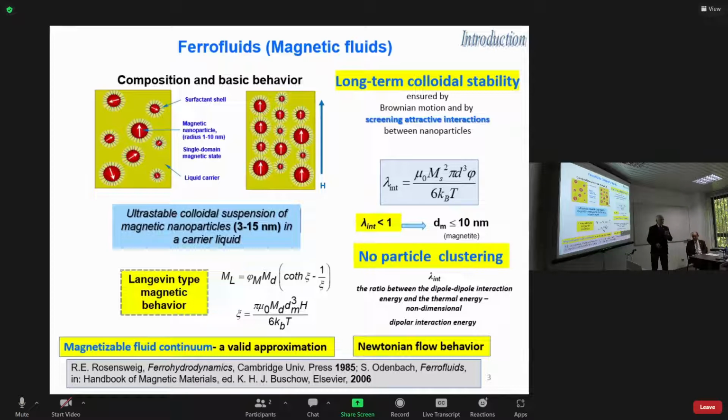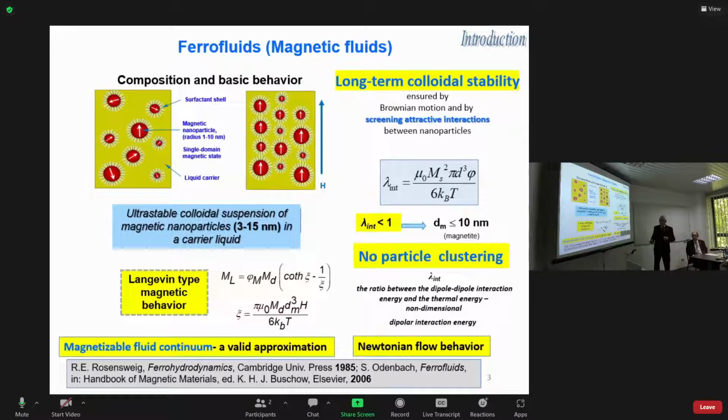This cannot be achieved otherwise than by going smaller, to sizes less than 10 nanometers. This 10 comes out from the magnetic interaction versus the thermal movement of particles, and this dictates that the size should be less than 10 nanometers.